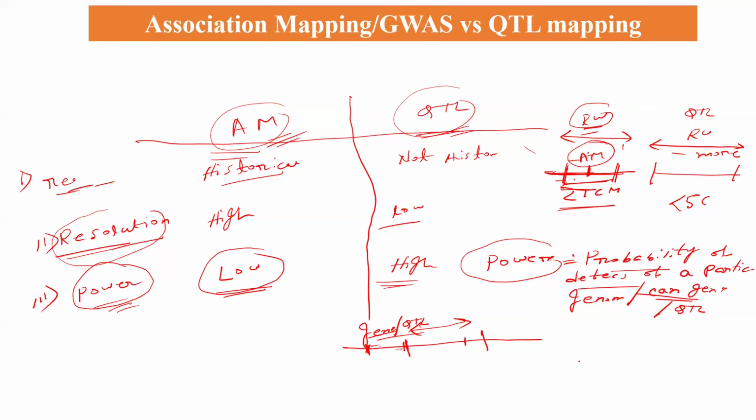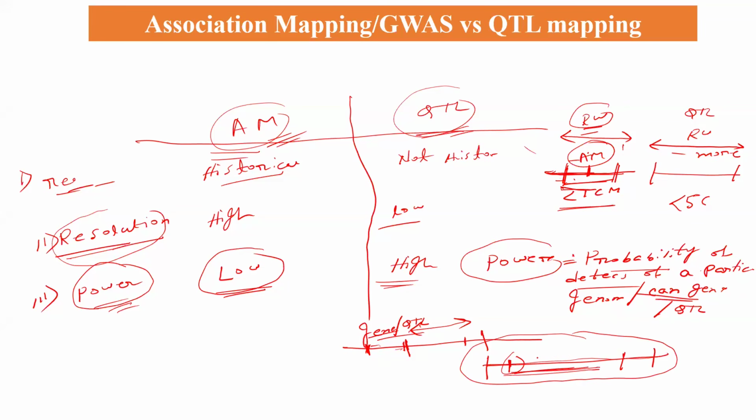But in QTL mapping, the recombination window is more. This is the marker, the same marker is present here, but the QTL is present here. If the recombination window is more, it means this chunk of genomic region, the marker and this QTL, are transferred to the gamete as a chunk of DNA, showing an association.